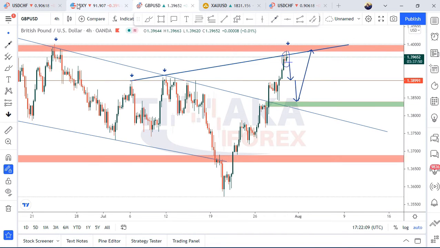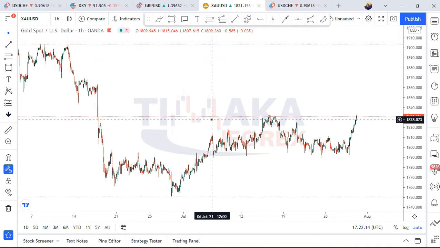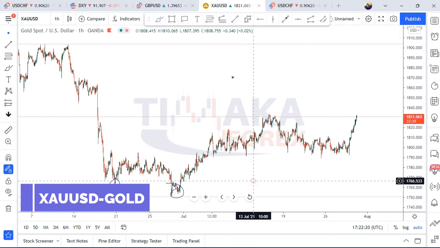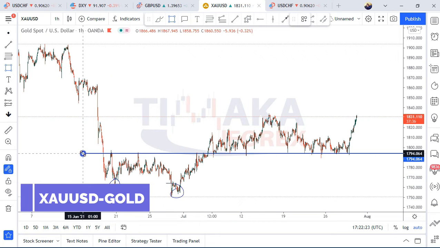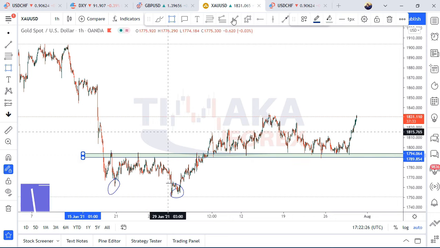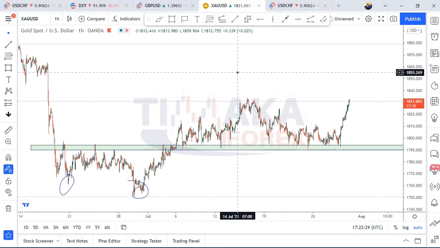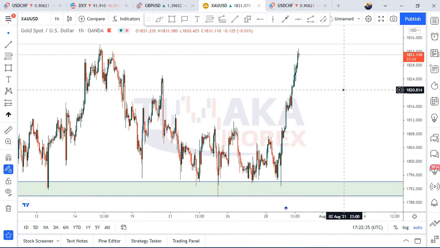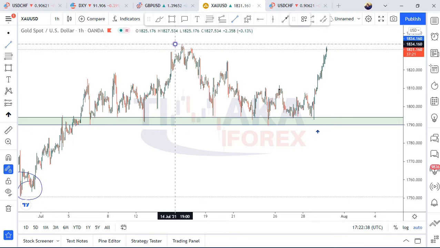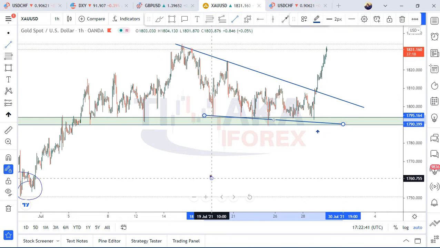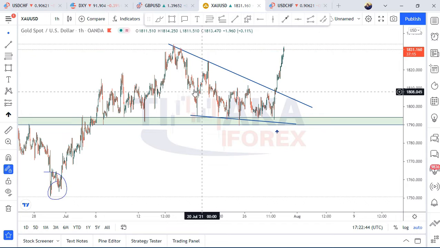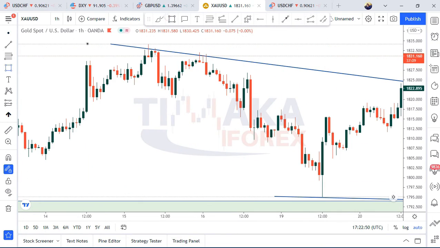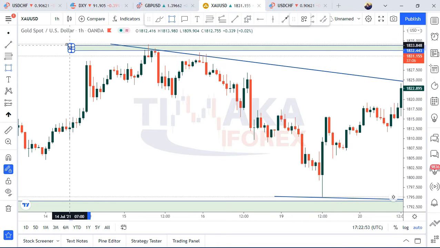Then also, if we look at gold, we did have a break yesterday of this double bottom's neckline right here. This level had been holding for quite a long time, and as you could see yesterday, we finally had a level to push us up. We also have this falling wedge that was broken, and apparently price is right below a very good resistance level.